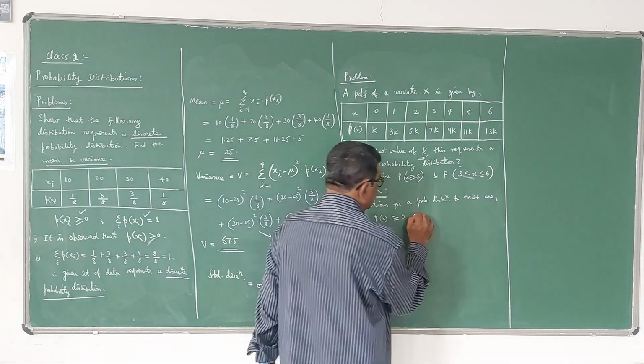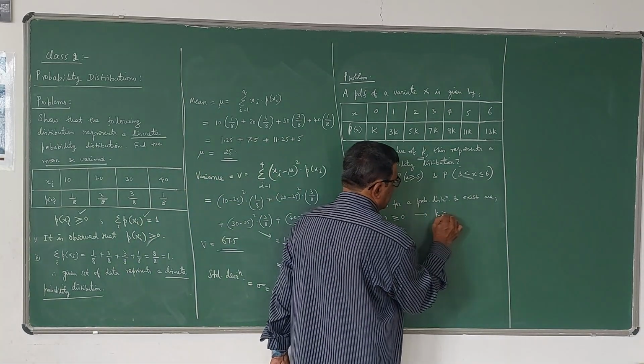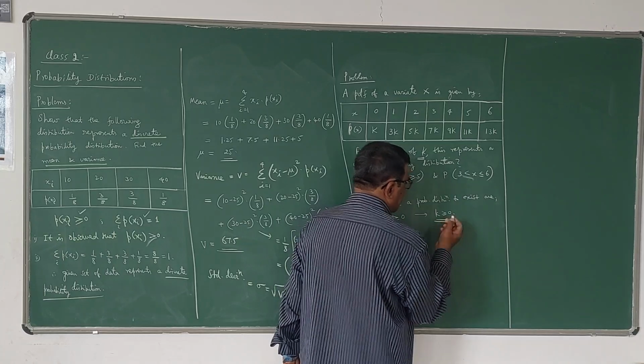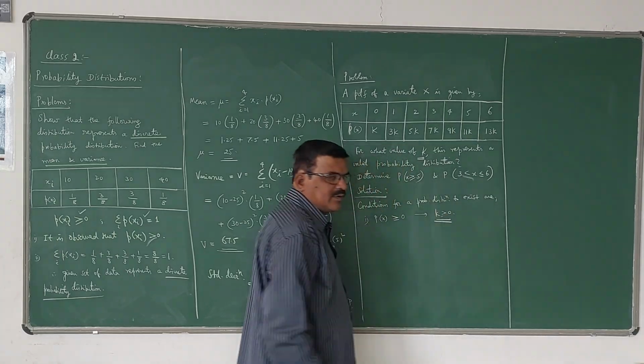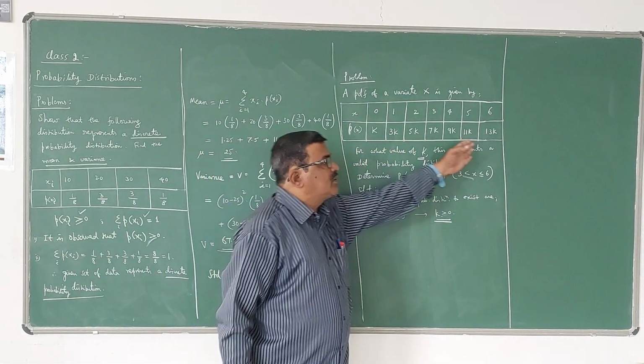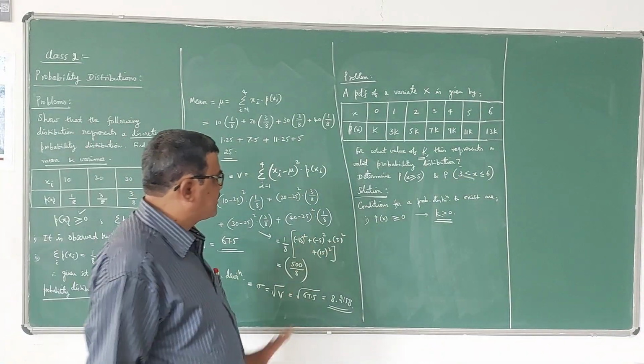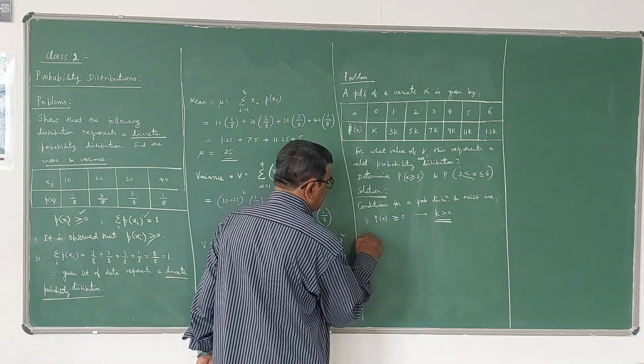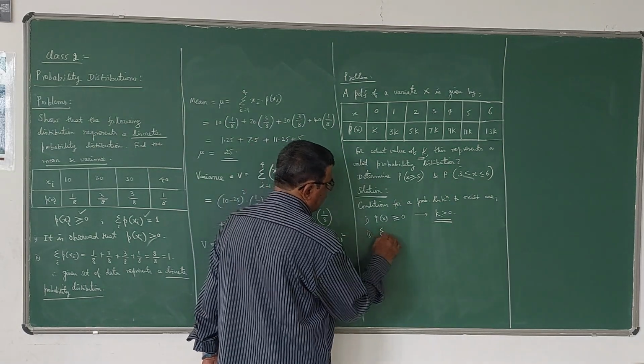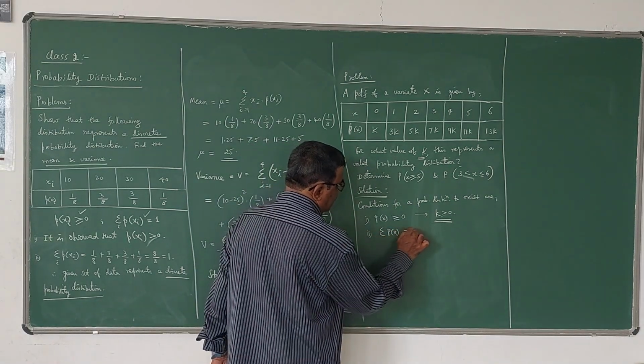Correct? The meaning of that is k should be greater than or equal to 0. It cannot be 0, it should be greater than 0. If k is 0, everything will be 0, no? So k is greater than 0. Second condition is sum of p of x should be equal to 1.